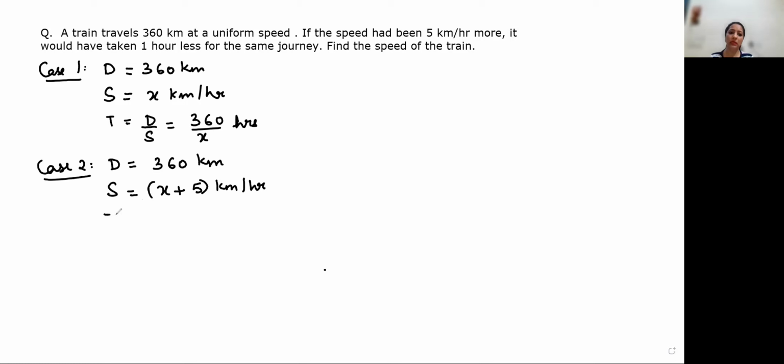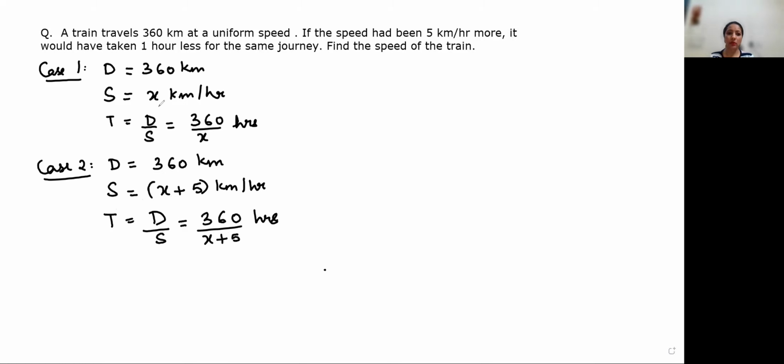Now the time taken in this case would be less than the time taken in the previous one because we are increasing the speed of the train. As the train goes faster, the time taken by the train would be less. In this case, the time is distance upon speed, that is 360 upon x plus 5 hours. So this is the time.